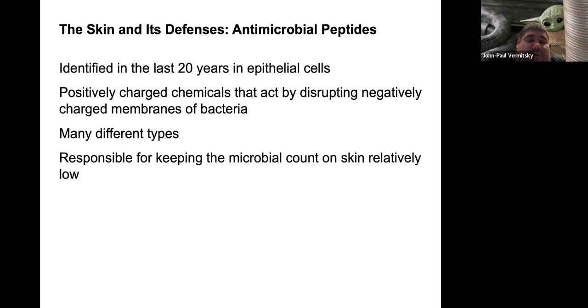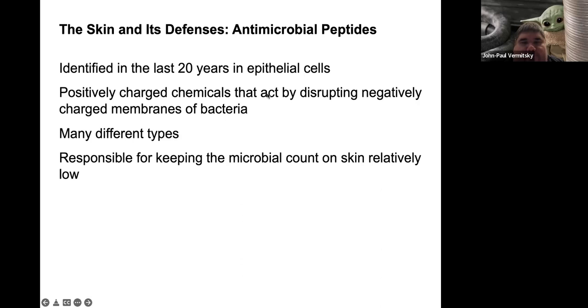There are many, many different families of antimicrobial peptides. For example, you have what are called histatins or defensins, to name a few. These are actual proteins that are synthesized and secreted by your cells, and they have antimicrobial properties. These antimicrobial peptides are responsible for keeping the microbial count on the skin relatively low.